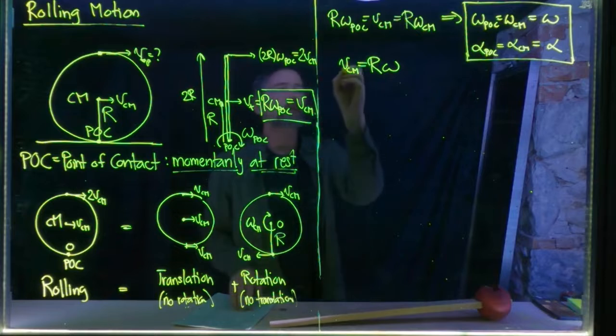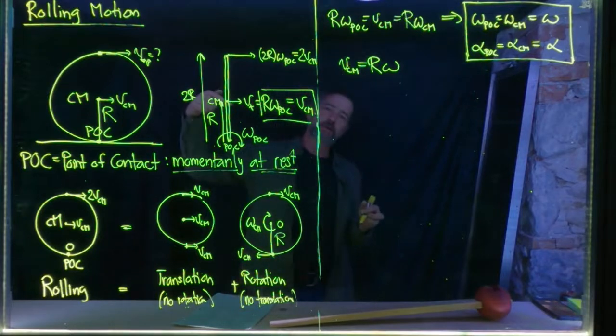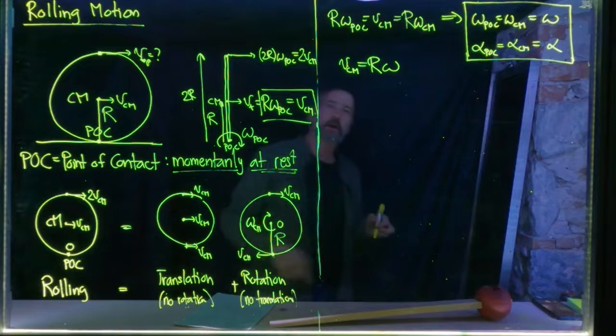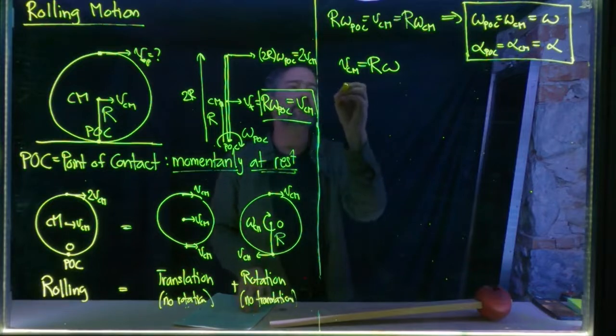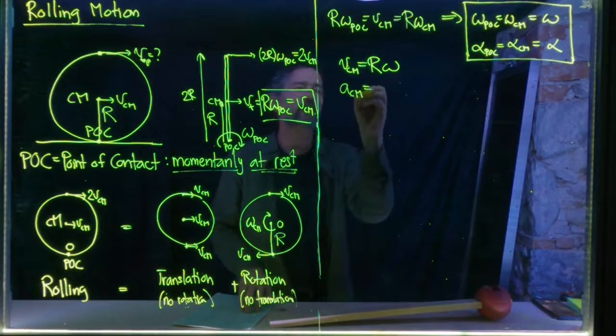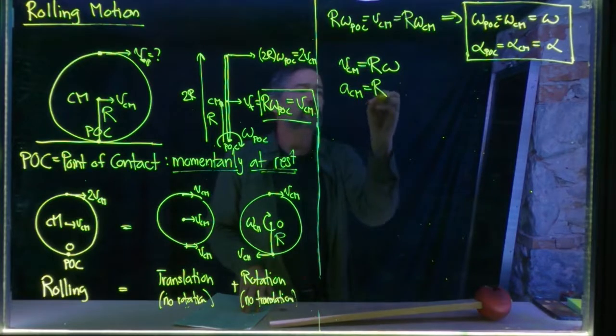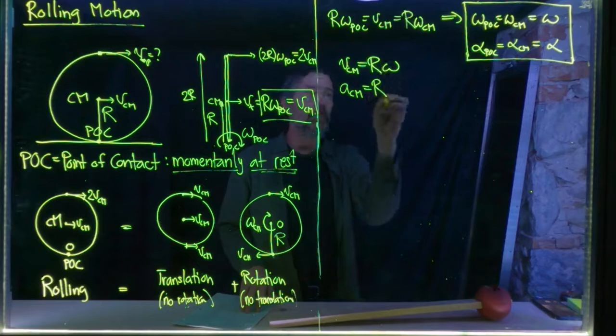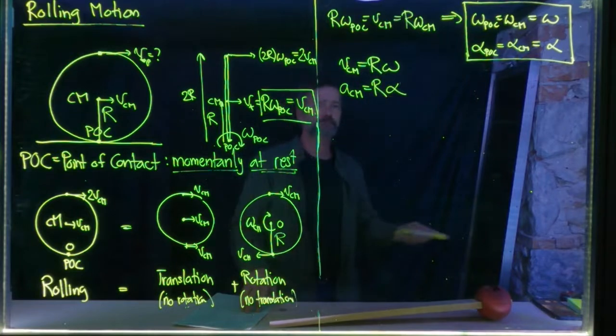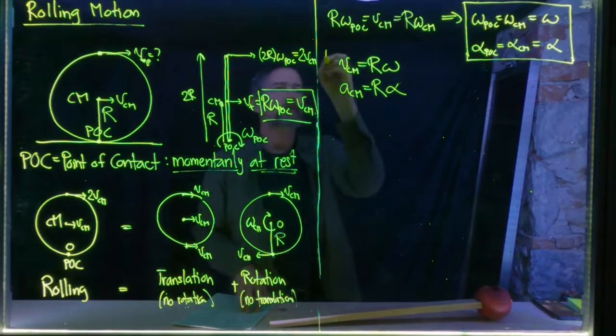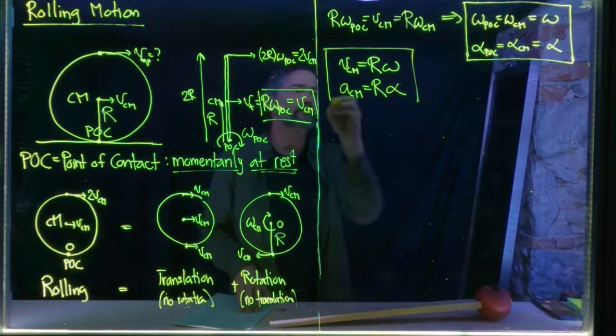So the time derivative of VCM is the acceleration of the center of mass point. Okay, it's going faster and faster. So the acceleration of the center of mass point, just take the time derivative of both sides of that equation, is equal to r times the time derivative of omega, which is alpha. Okay? So that's a really important result here.